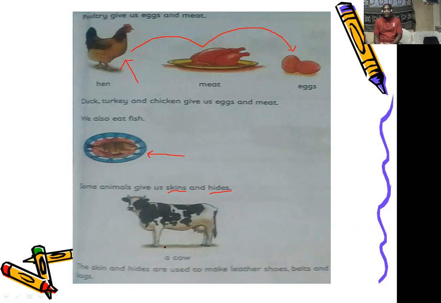But from big animals like a cow, a bull, a camel, we get hide. Hide is big compared to the skin. The skin and hides are used to make leather shoes, belts, and bags.